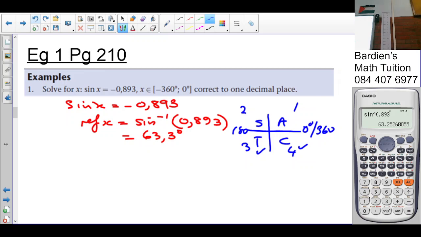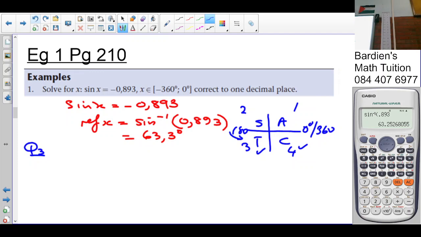Right. So now we see it's going to be in quadrant 3 and 4. So we write here Q3. How do we get into quadrant 3? 180 plus theta. And what's your theta angle here? 63,3.